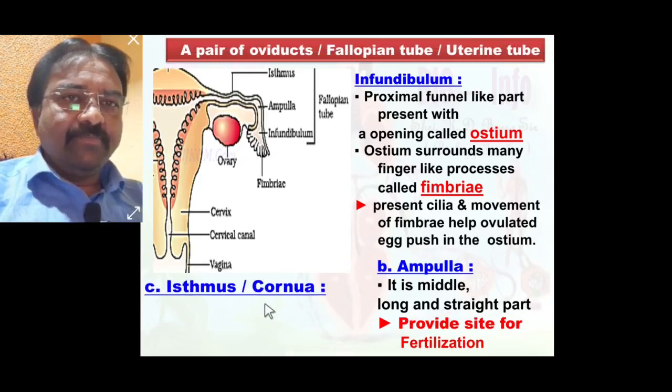Now the third part of the oviduct is known as the isthmus. This is the distal part of the oviduct, which opens into the uterus.